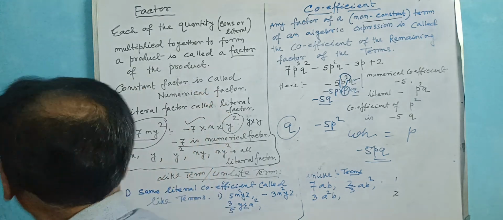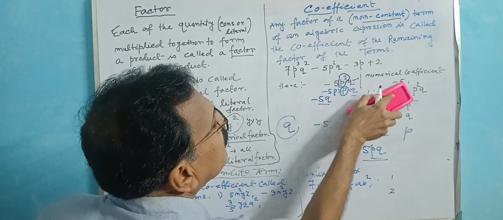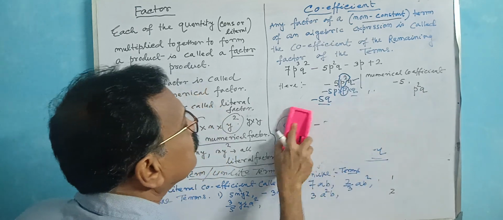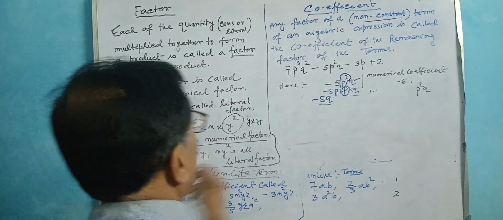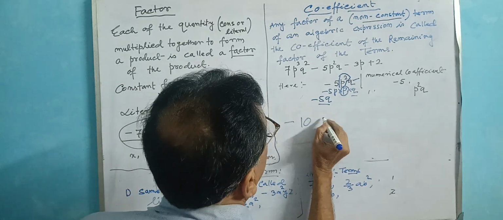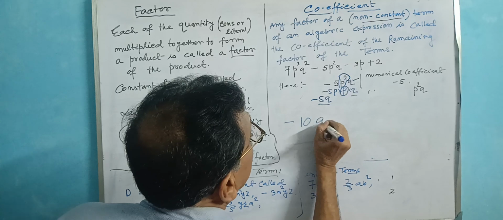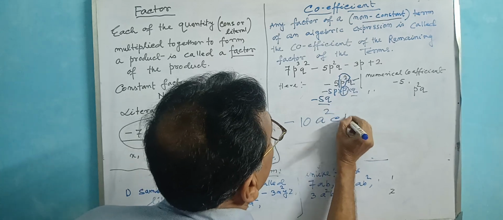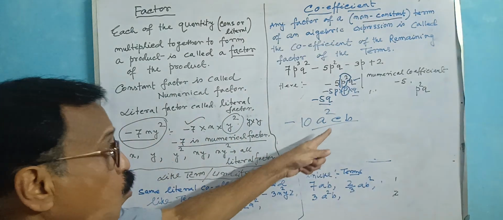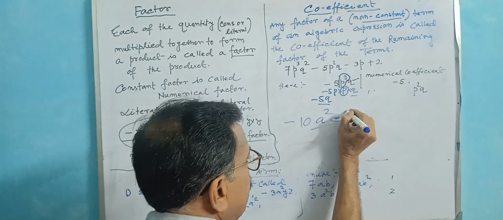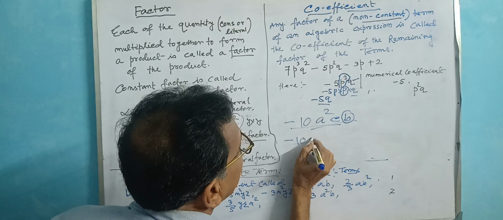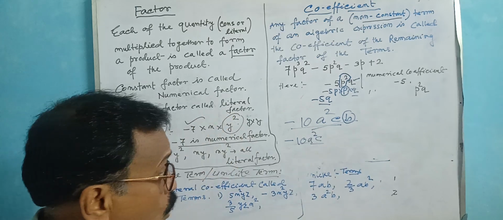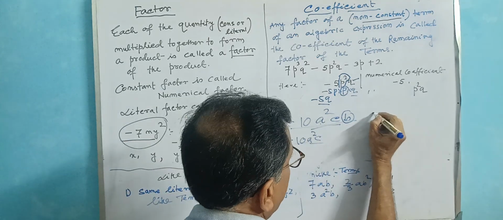Clear? Here I discuss other. Suppose minus 10 a square CB. So what is the coefficient of B? The left part. That means minus 10 a square C. What is the coefficient of a square?